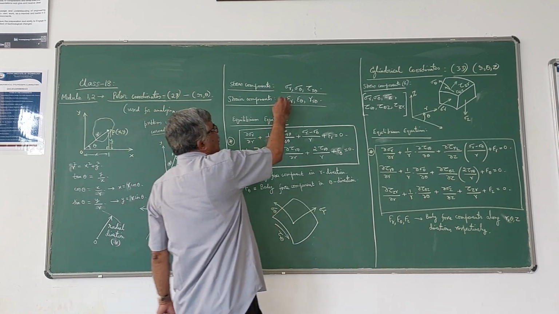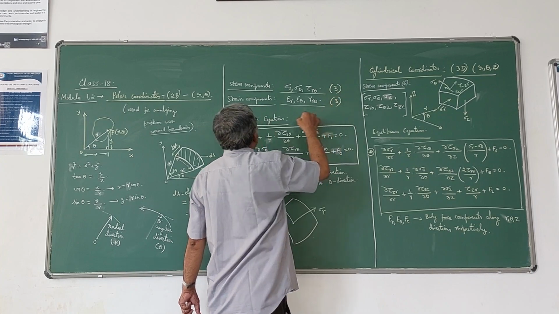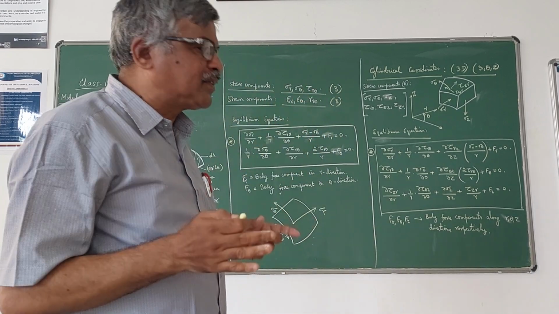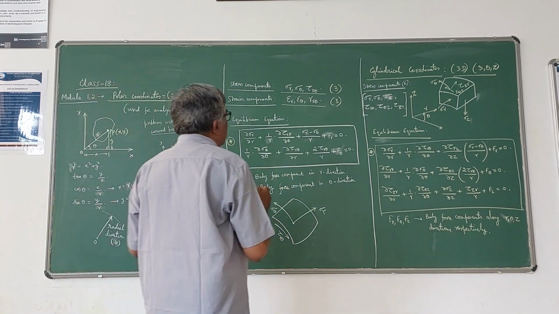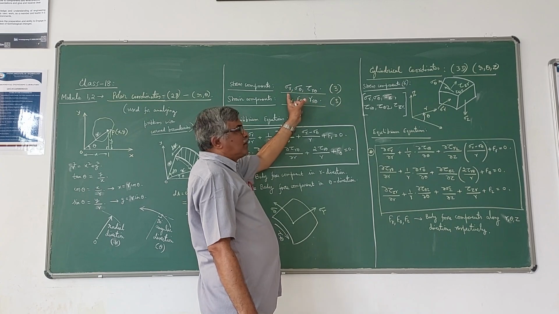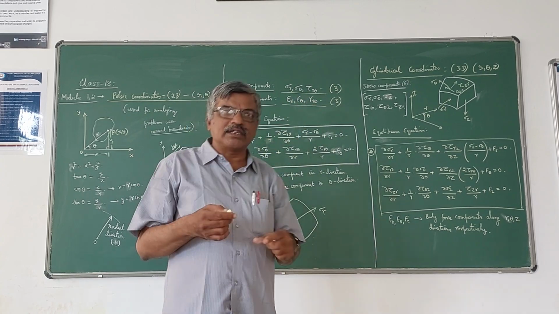So in total you have three stress components and three strain components in polar coordinates. You can compare this with two-dimensional Cartesian: sigma x, sigma y, tau xy; here it is sigma r, sigma theta, tau r theta. So x is replaced by r, y is replaced by theta.